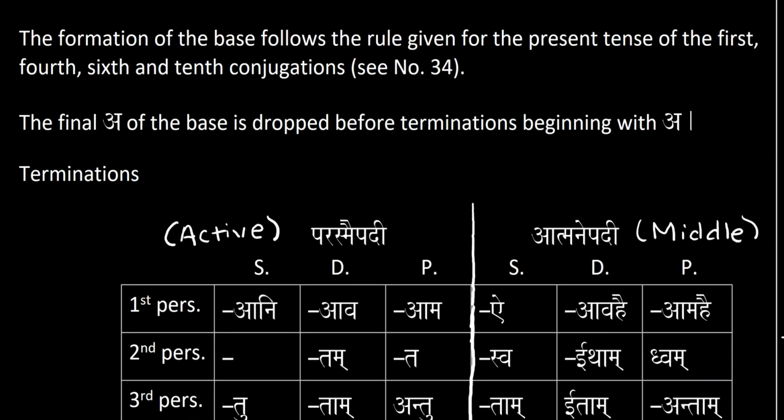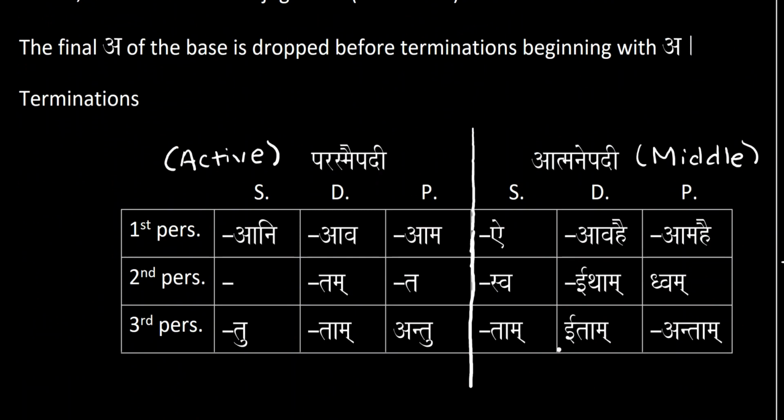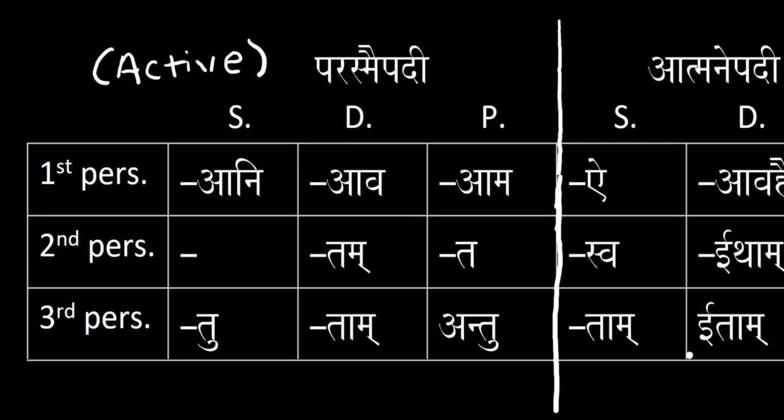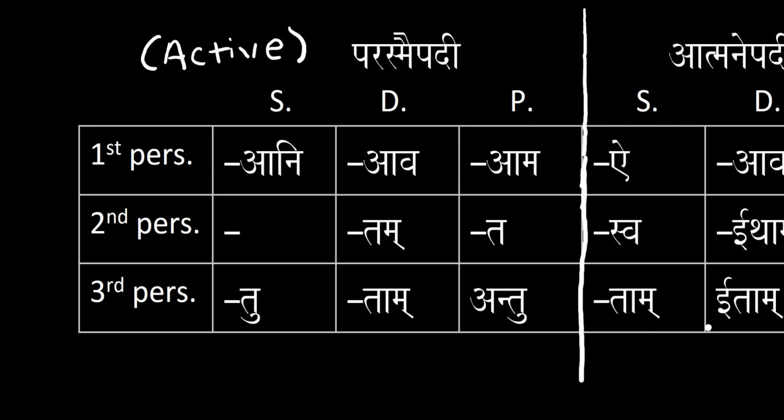So you're going to be given terminations for both Atmanepadi and Parasmaipadi, the middle and active voice respectively. Let us start with Parasmaipadi first. Third person, singular, dual, and plural. So those endings are tu, tam, and untu. So you will want to drop the here that you usually add after the verbal base.